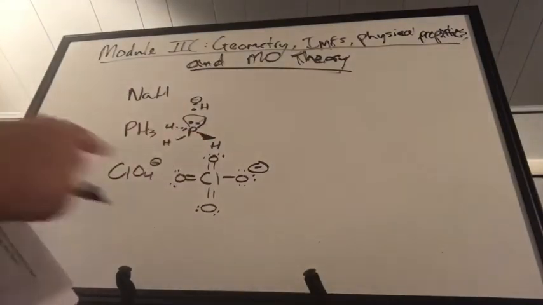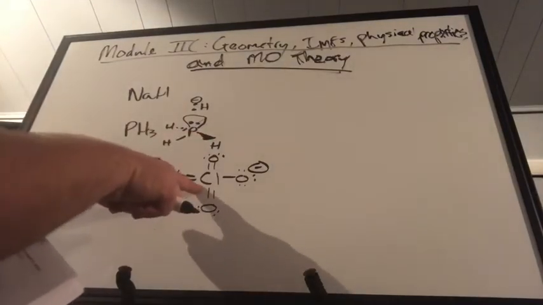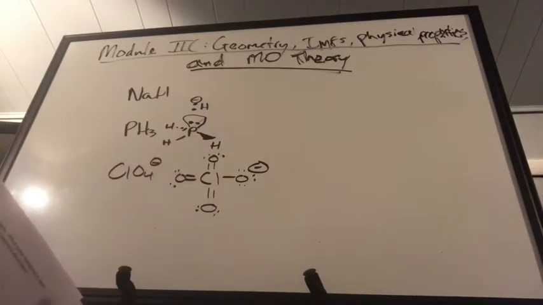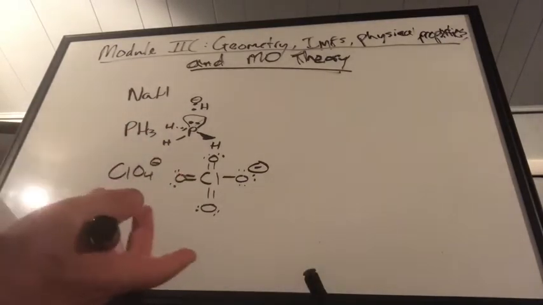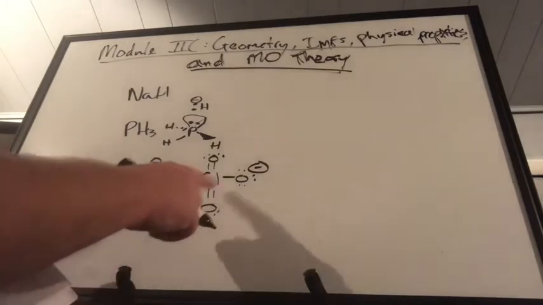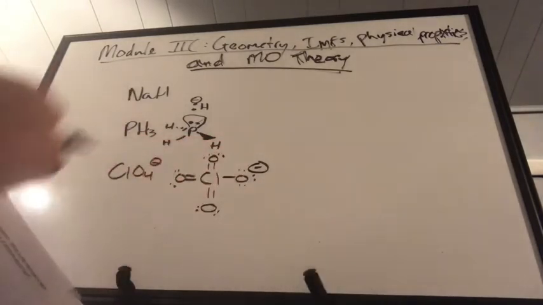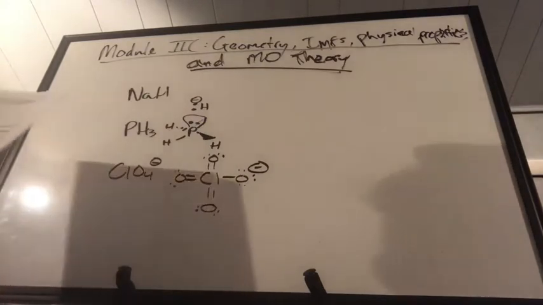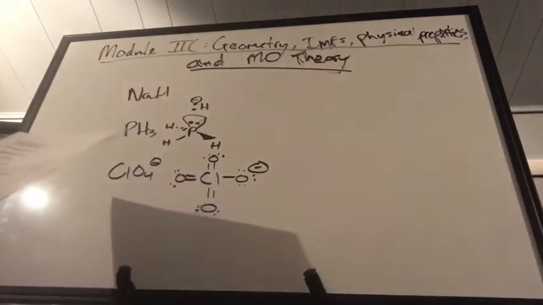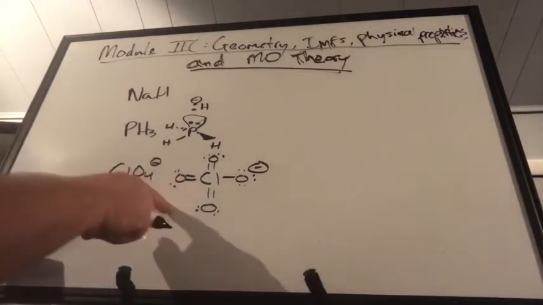This chloro group really doesn't have any lone pairs, because remember that chlorine has seven valence electrons in the ground state. So it's an expanded octet with this whole complex with these extra oxygens. So there is no lone pair there.